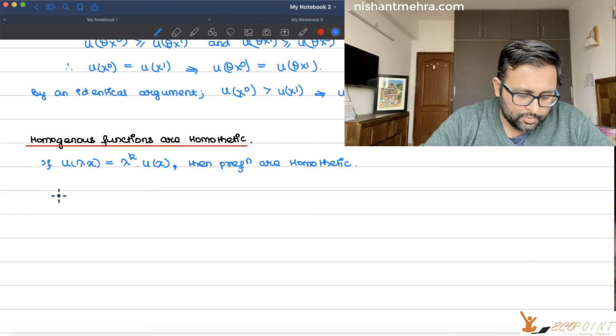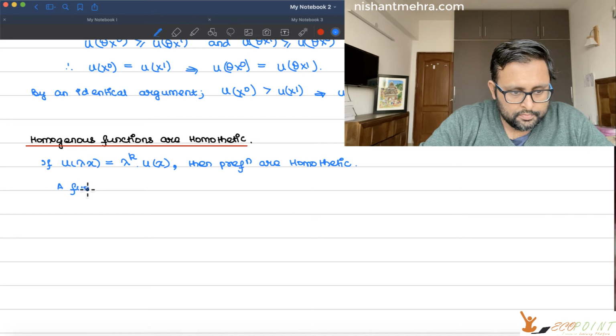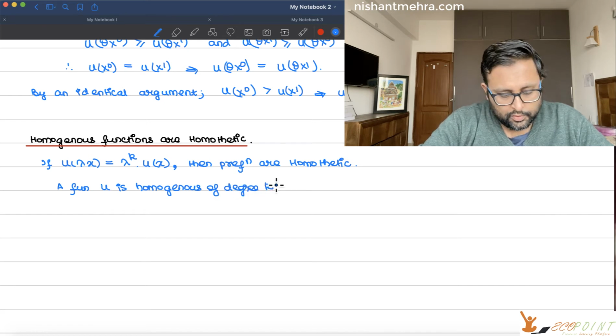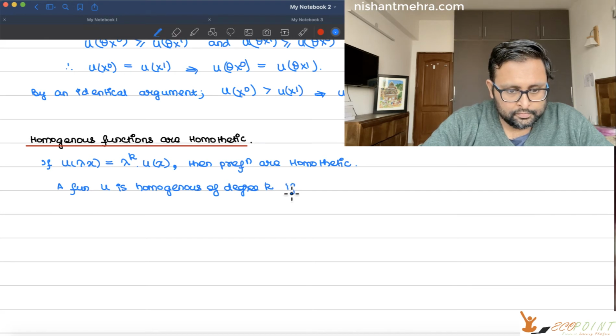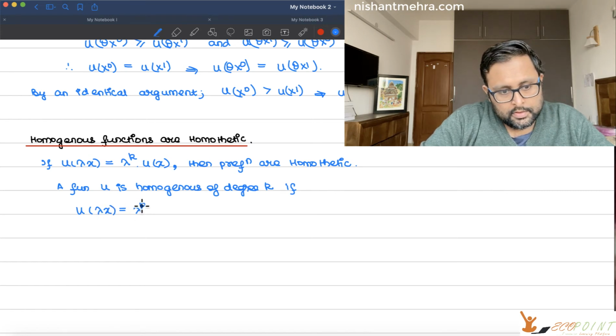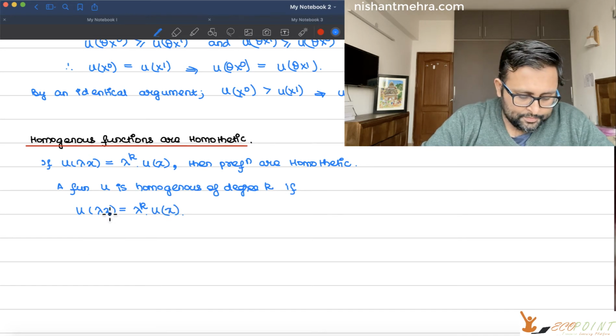Then preferences are homothetic. Well, a function u is homogeneous of degree k if u of lambda x is equal to lambda to the power k u of x, right?